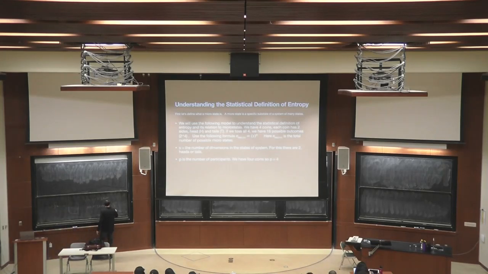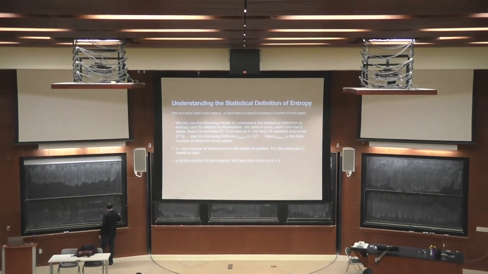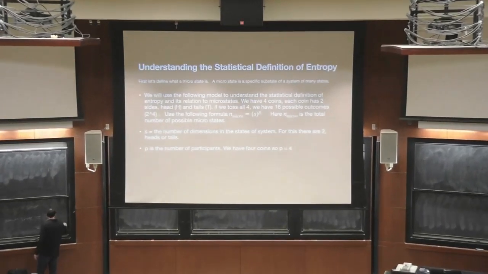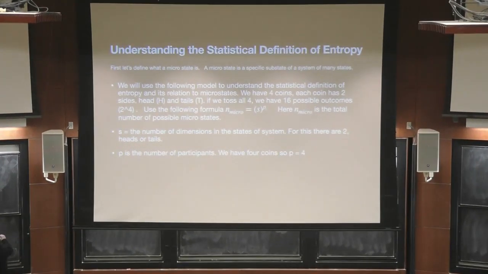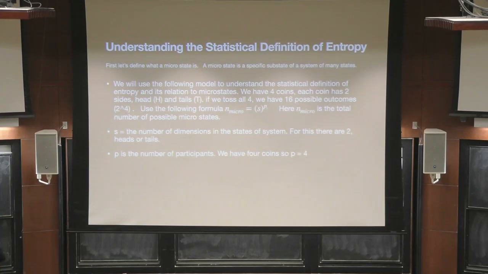So we have S states possible, and then to the power of the number of participants, which is 4. There's 4 coins, and there's 2 states possible for each, heads and tails.